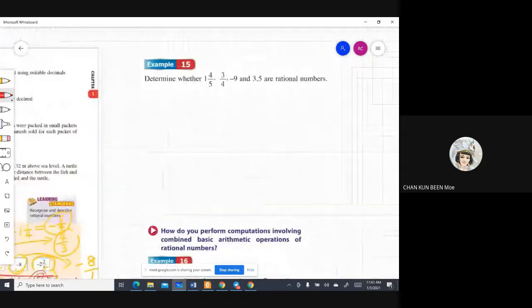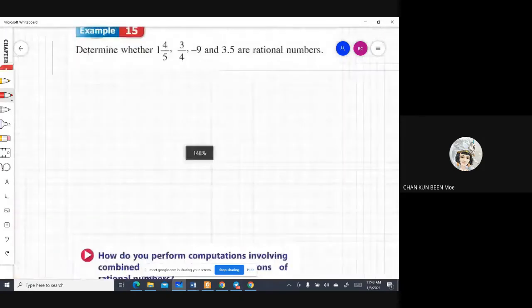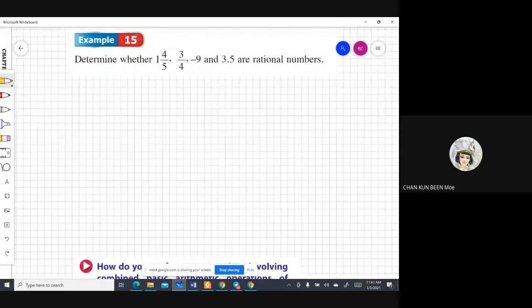Okay, we continue with the example over here. Determine whether 1 4/5, 3/4, negative 9, and 3.5 are rational numbers or not. Each of these, you will have to change to the form of P over Q. As long as you can change it to the form of P over Q, then it is a rational number.